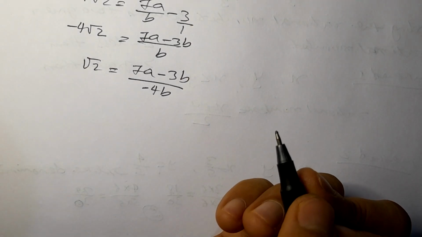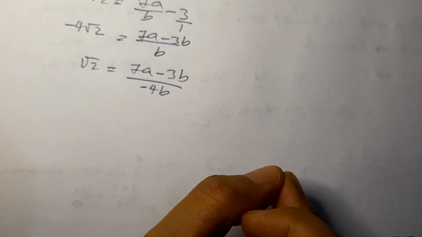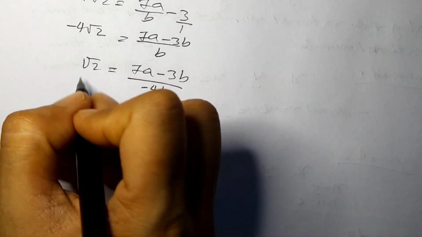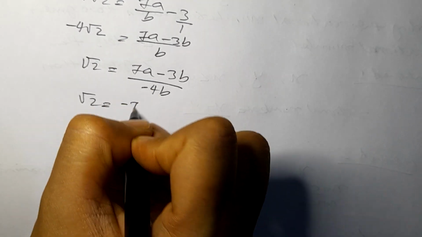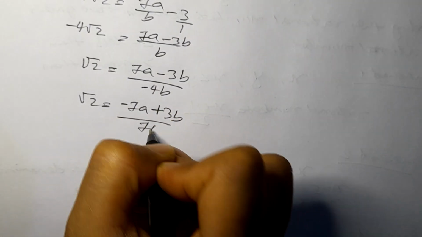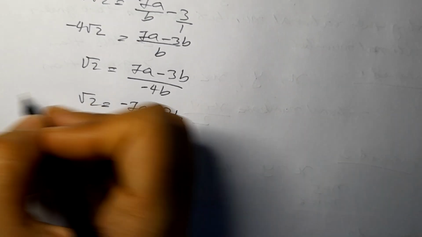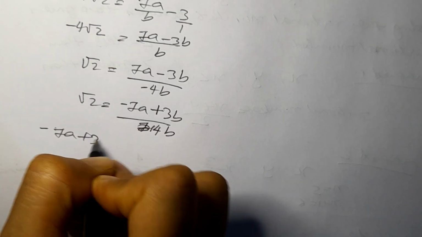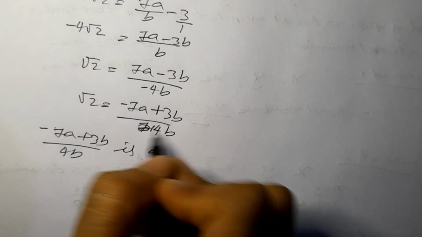We never keep the negative in the denominator, it always comes to the top, and if it comes to the top, the sign will change. So root 2 equals minus 7a plus 3b divided by 4b. Now it became a fraction.